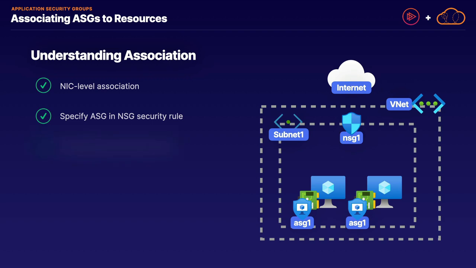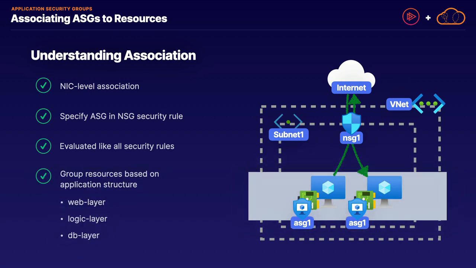And these security rules are evaluated like all other security rules. What we're really just giving is the ability to have some sort of intelligence and application structure awareness as to the different tiers of our solution inside of our virtual network when we're specifying these security rules. Some of these application security groups that we'll see may be based off of application structures like the web layer, a logic layer, or a database layer.